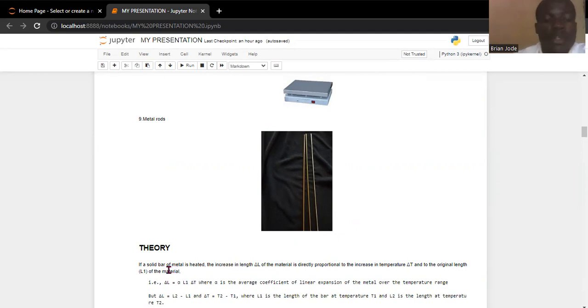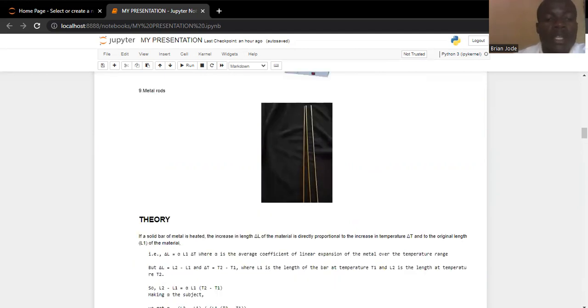The theory section of our study is that when a solid bar of metal is heated, the increase in length, denoted as delta L, is directly proportional to the increase in temperature, delta T, and also to the original length of the material, L1.